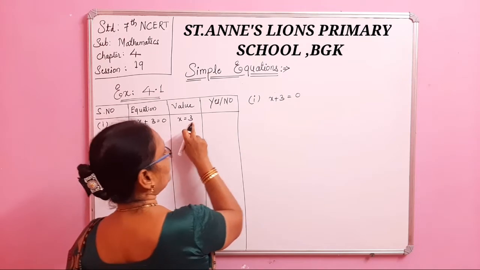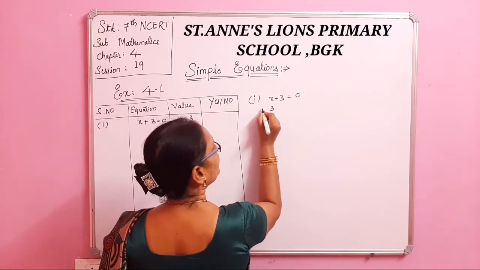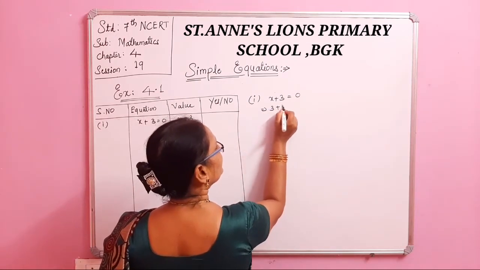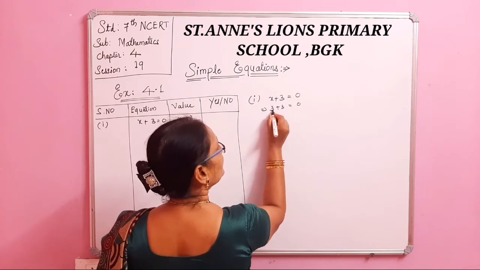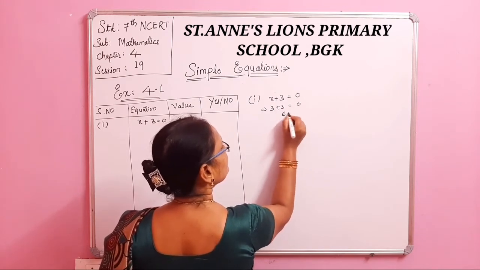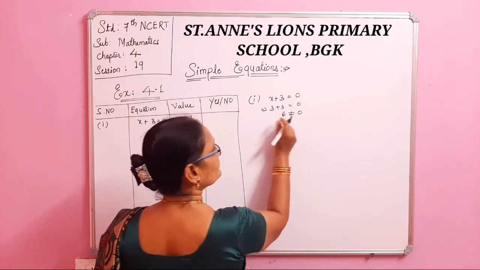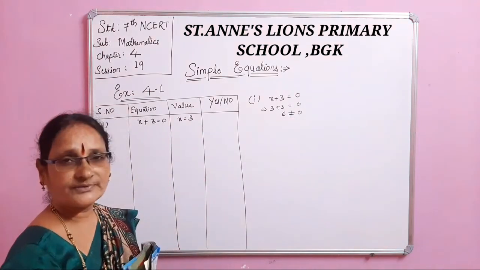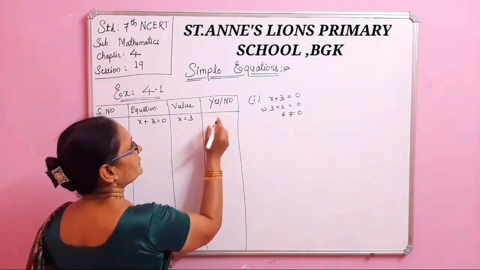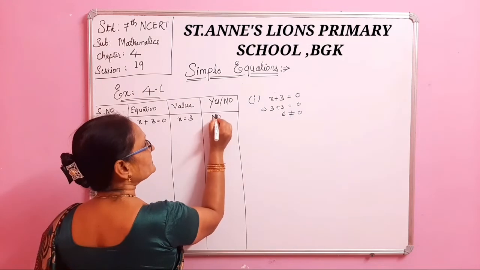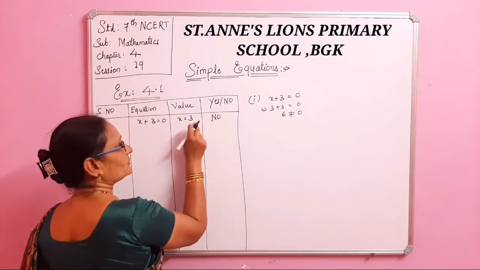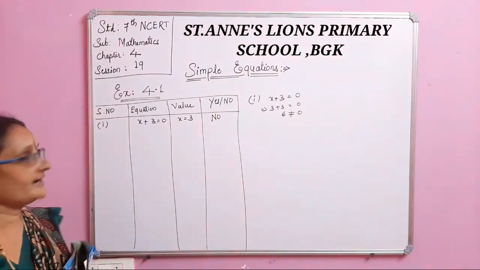In place of x you have to put 3. Here see, 3 plus 3 is equal to 0. 3 plus 3 is 6 is not equal to 0. 6 and 0 are equal? No. 6 is not equal to 0. Here you have to write no. This is not satisfied. X equal to 3 is not satisfied.